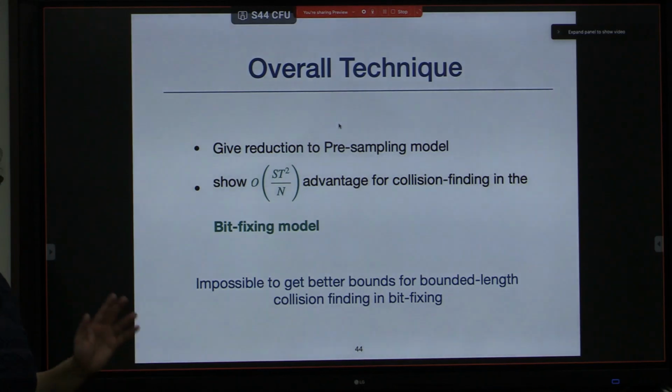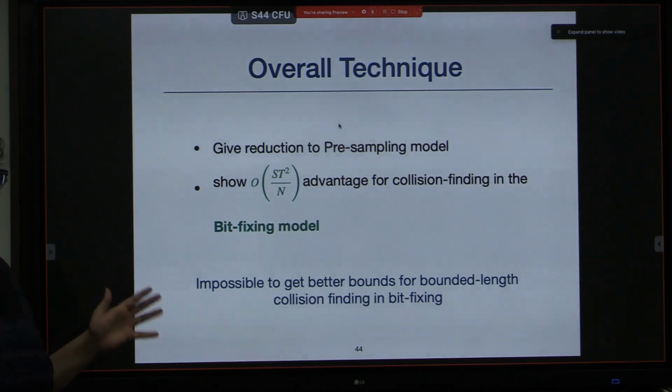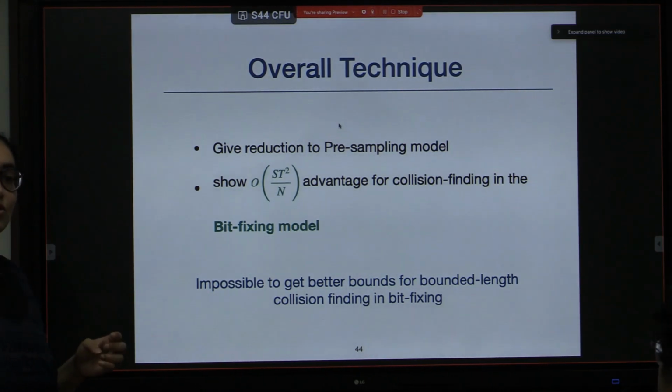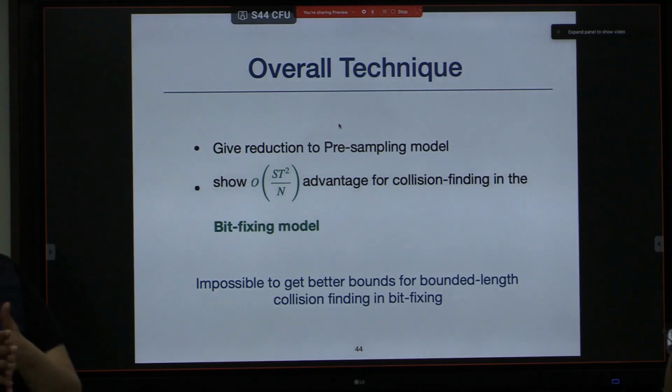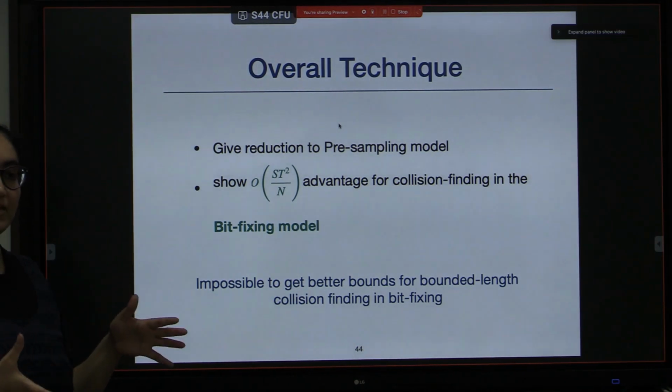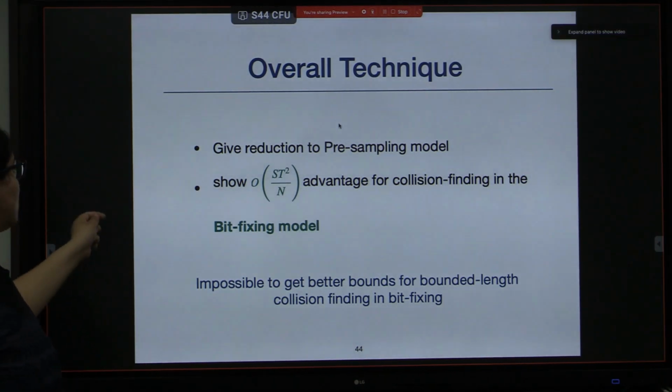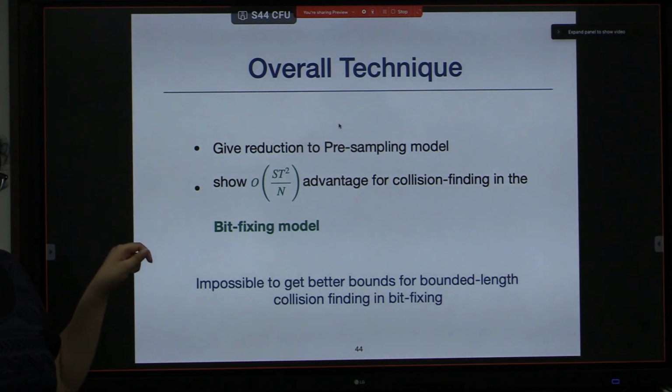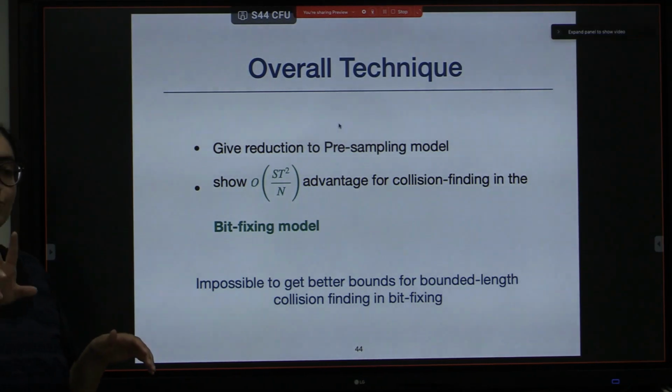Yes, the reduction still works, but because it's too loose, the best you can still get is ST squared over N. We could give an adversary in the bit fixing model that achieves at least ST squared over N advantage, even for 2 block collision finders.